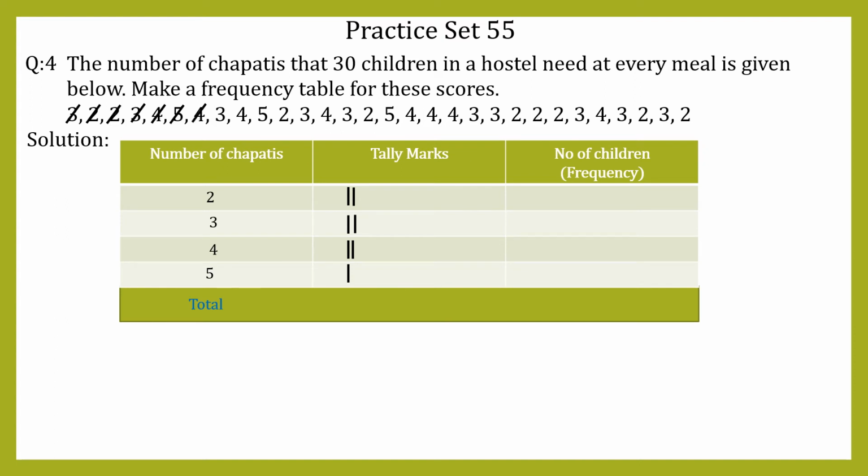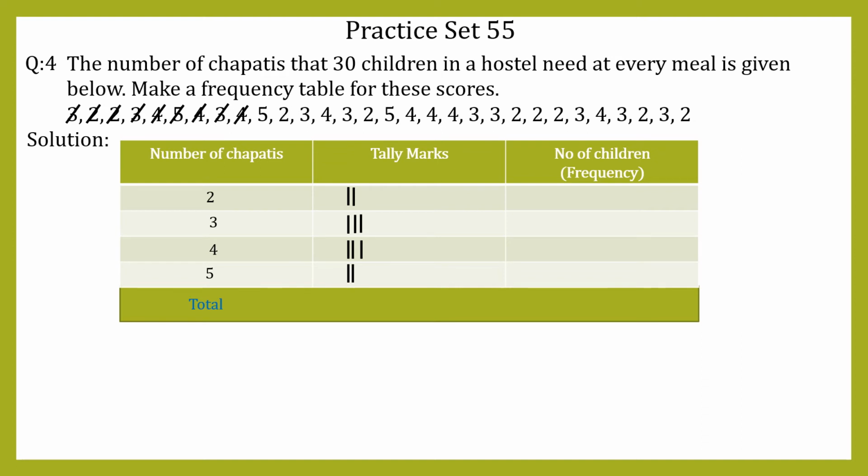Next number is 3. So dear children, where will the tally mark come? Yes, it will come in the column of tally marks next to 3. And we'll cancel this. Next is 4, tally mark for 4. Next number is 5.